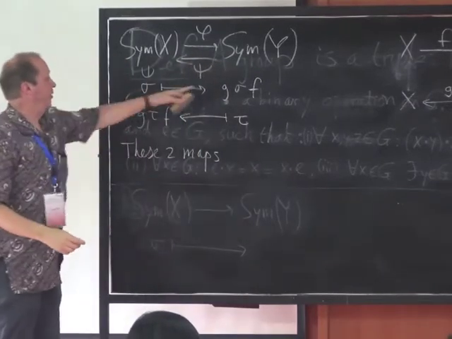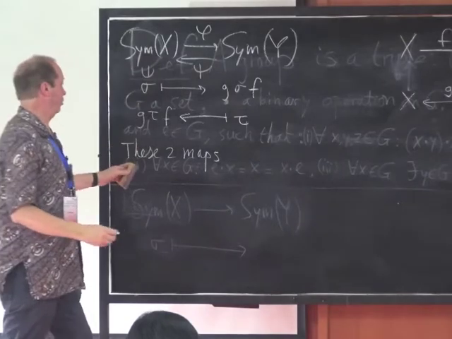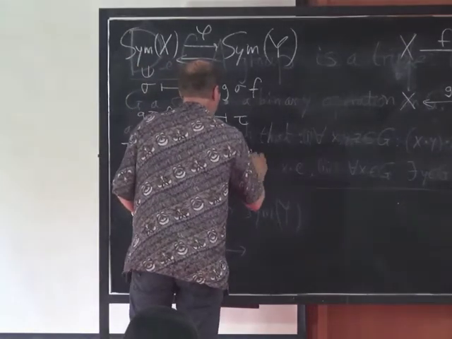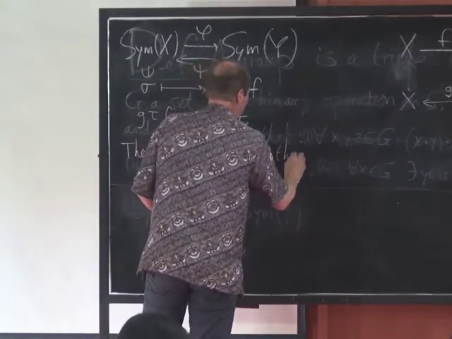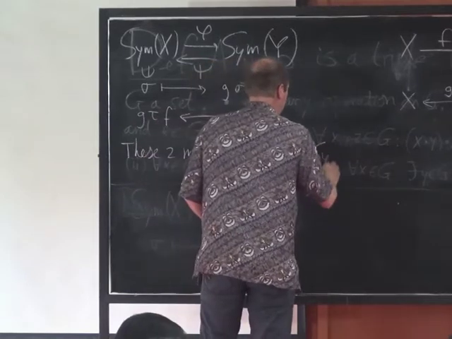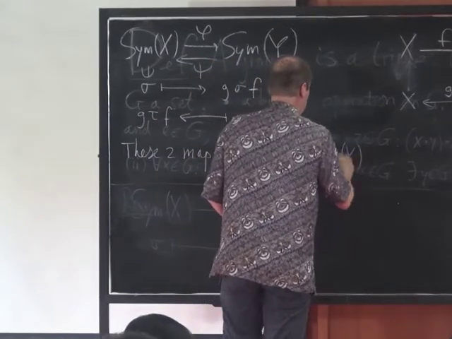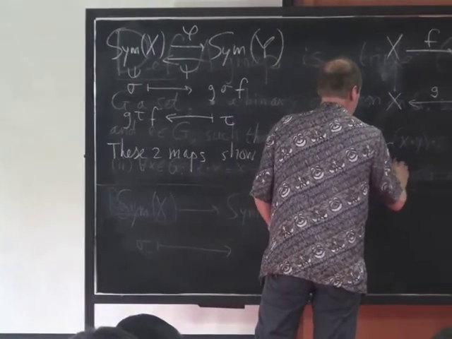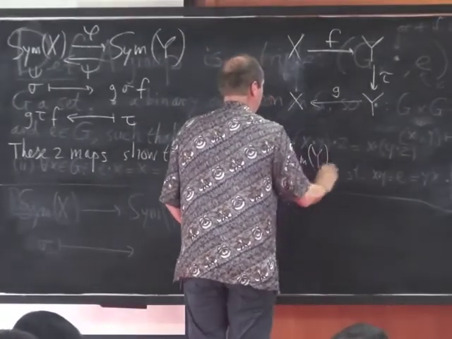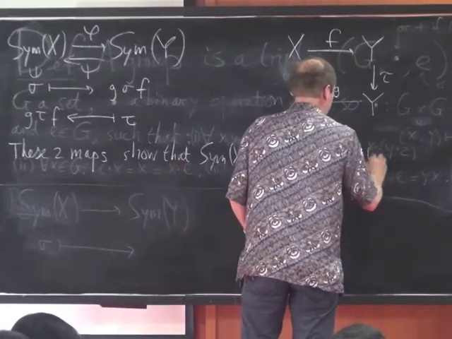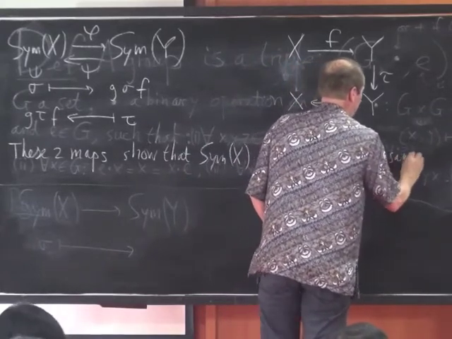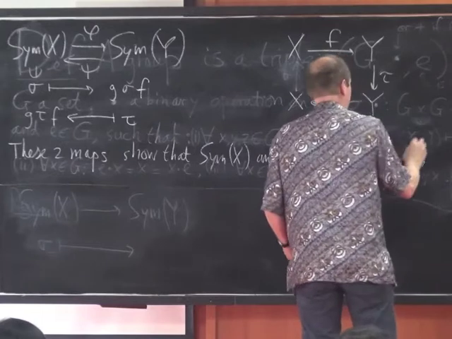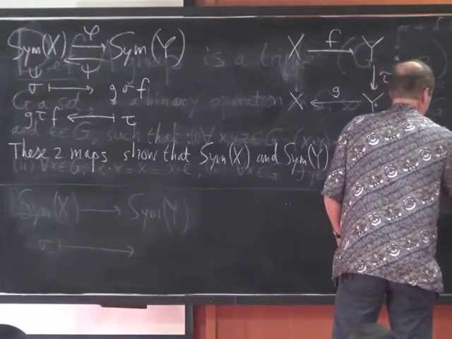I have this one that goes that way and the one that goes the other way. Show that Sym x and Sym y are the same after translation.